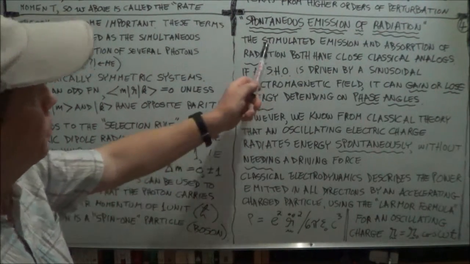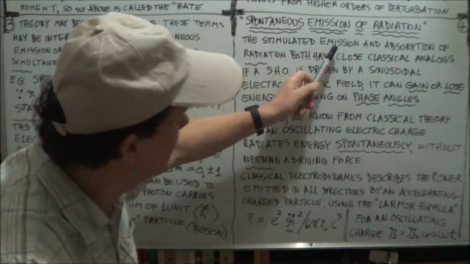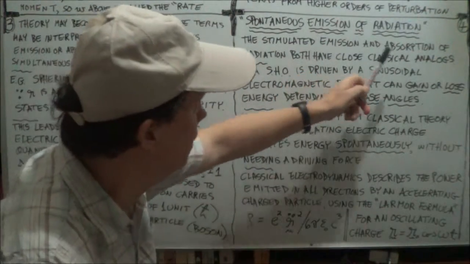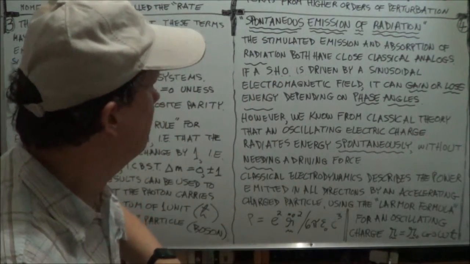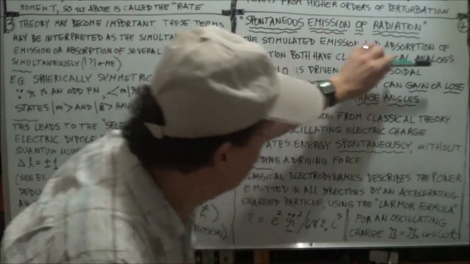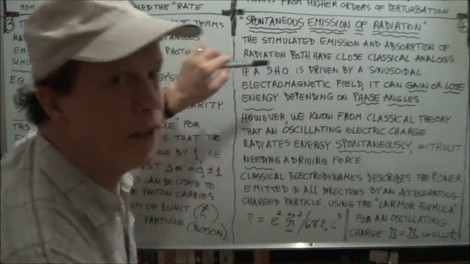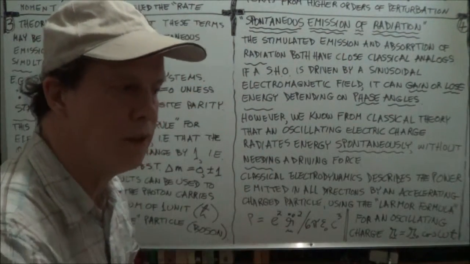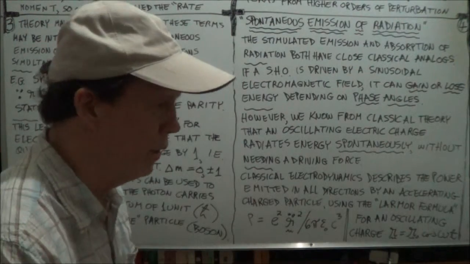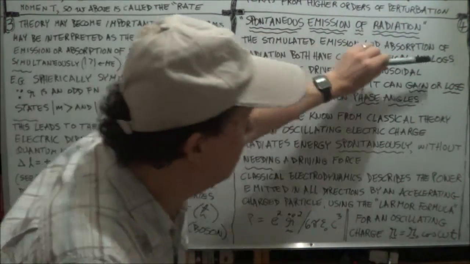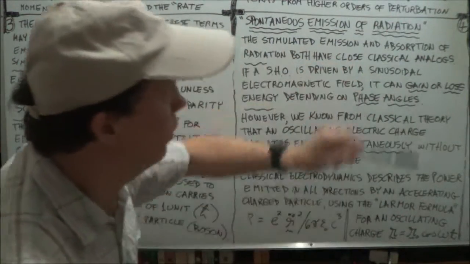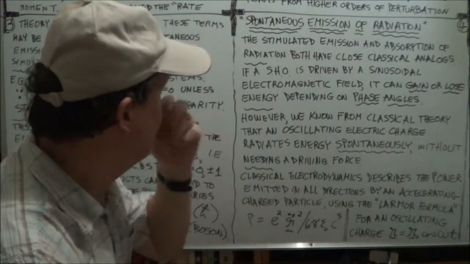Now, the stimulated emission, when photons fly out, let's say, or absorption of a photon, as we've been talking about the quantum mechanics of that, stimulated emission and stimulated absorption, there are classical analogues, something equivalent occurs classically as well.